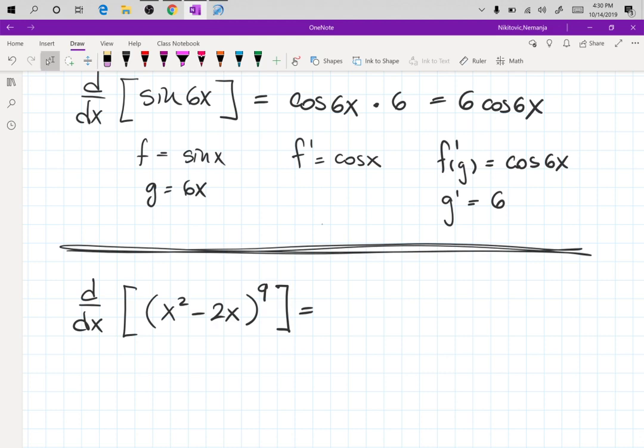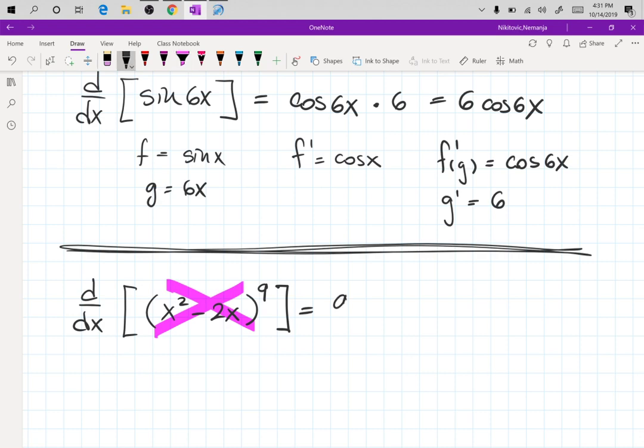So what's the outer function? X to the 9. As soon as you know what the outer function, the f, is, you say, what is the derivative of something to the 9?